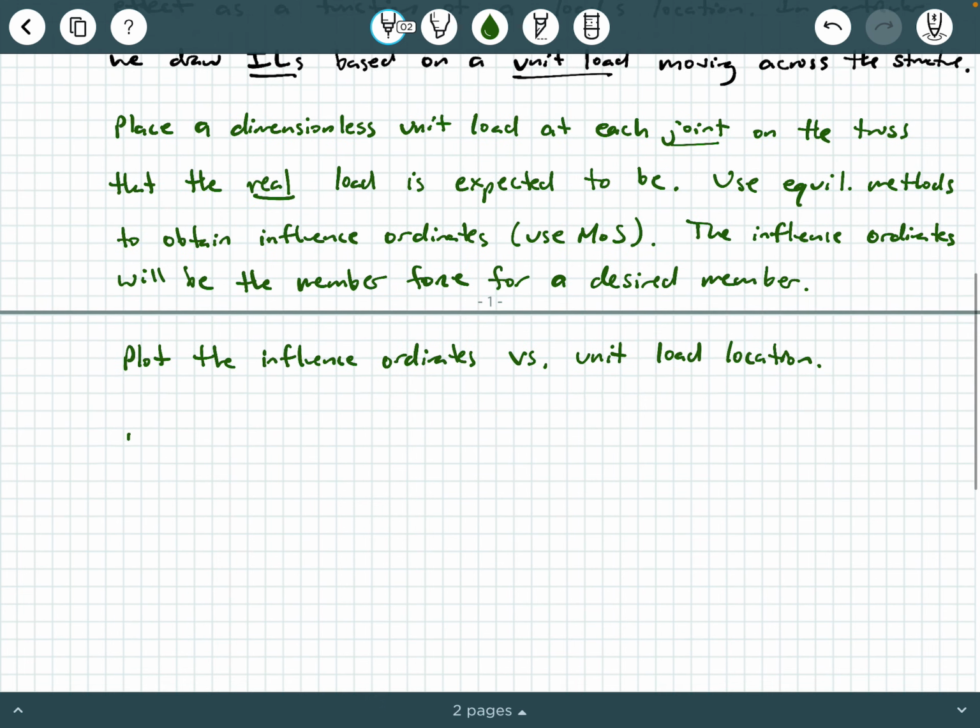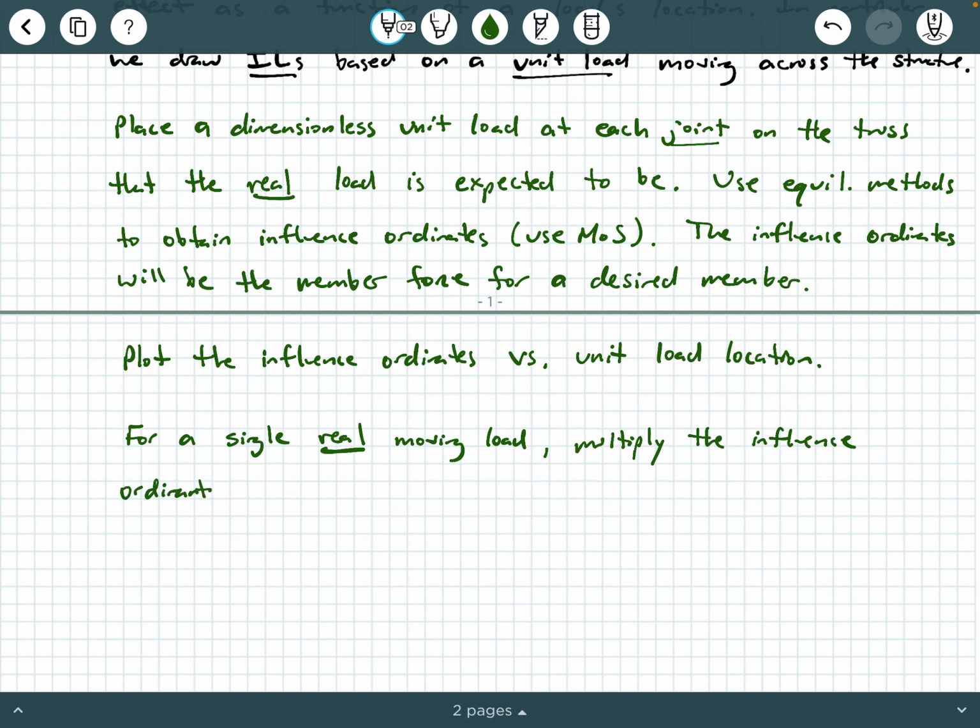So for a single real moving load, we multiply the influence ordinate by the magnitude of the real load.